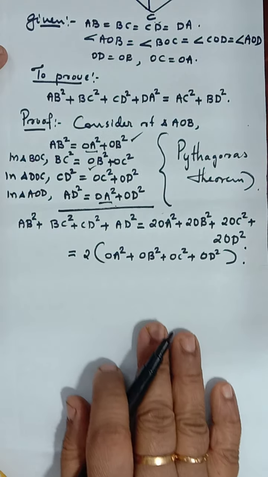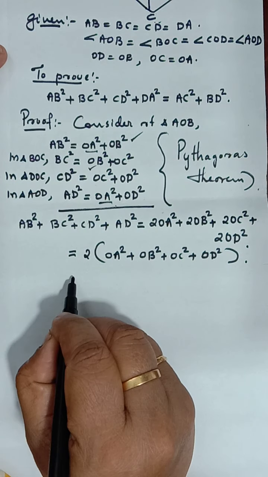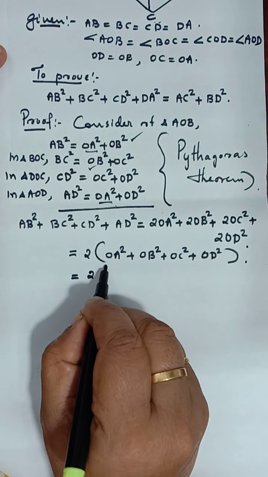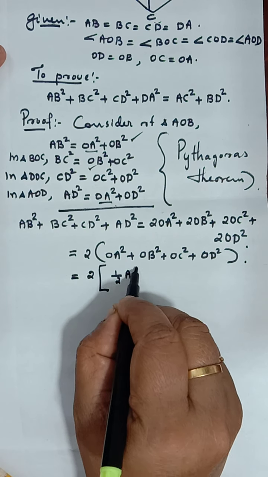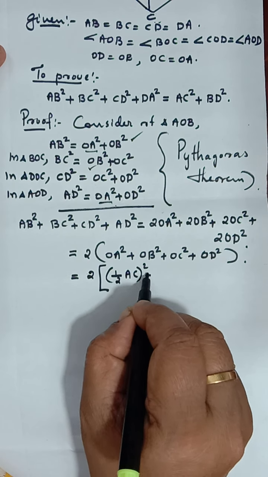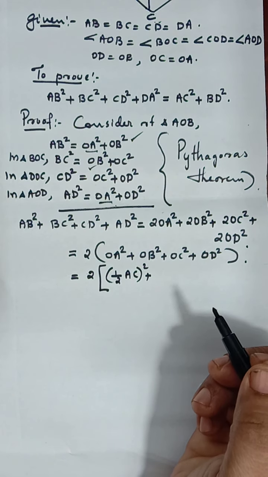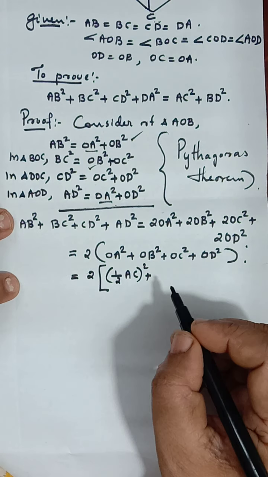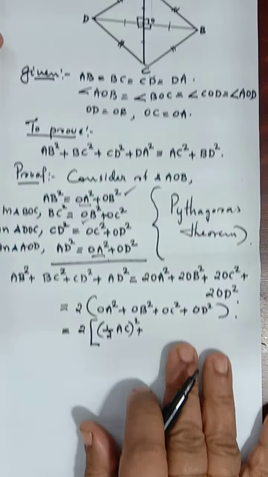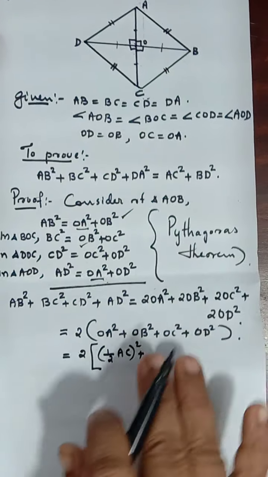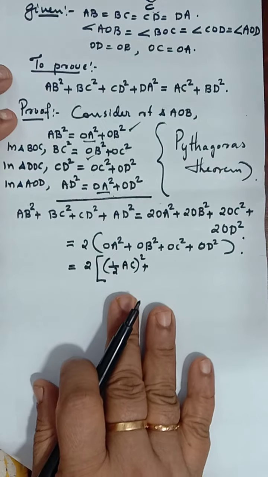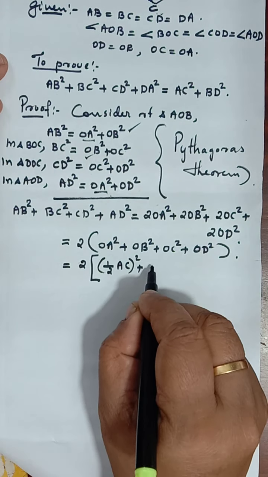So here OA is half of AC, its square, plus OB, which is half of BD, so OB square is half of BD whole square.